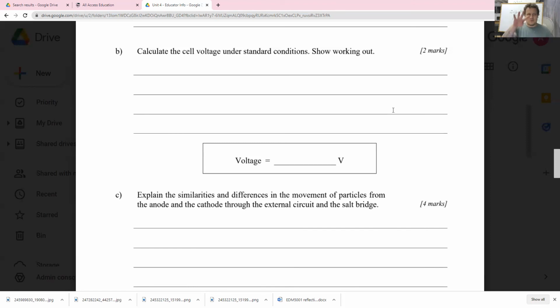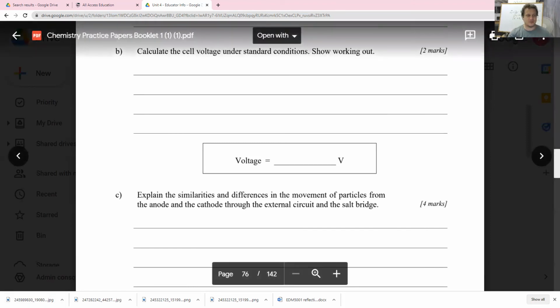So there's 4. So you have to compare and contrast what happens at the anode and the cathode. That won't really change depending on the molecules. It doesn't matter what they are, it will still be the same. At the anode, you have electrons flowing from an oxidized metal to the reducing metal on the other side.